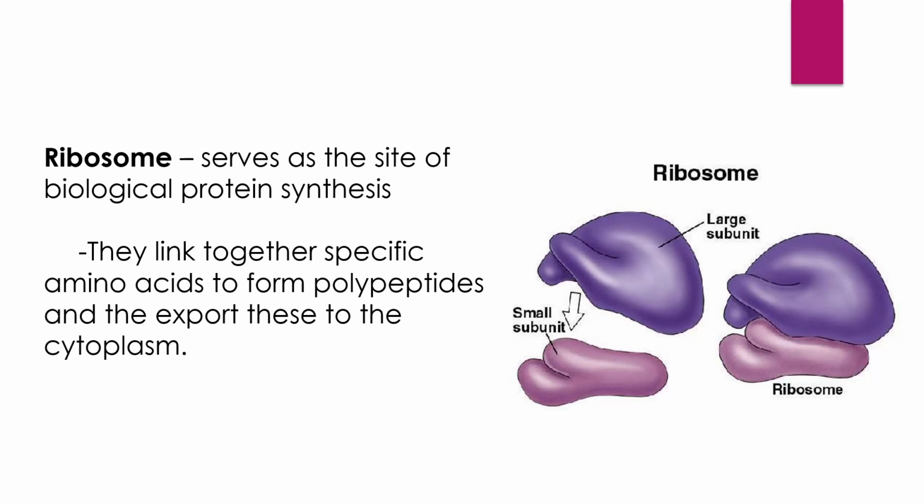Next is the ribosome. It serves as the site of biological protein synthesis. They link together specific amino acids to form polypeptides and export these to the cytoplasm. This is the ribosome.